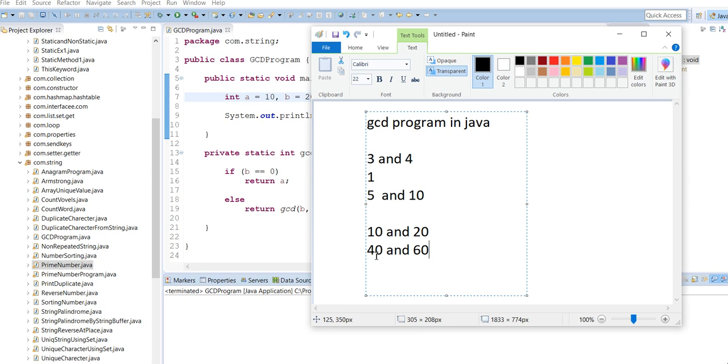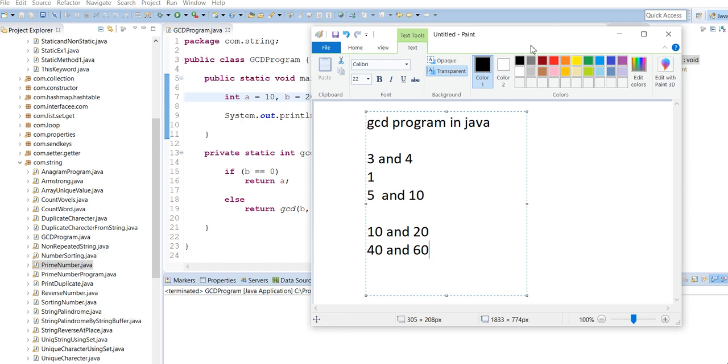Again you can check 8, 10. 10 divides 40 and 10 divides 60. 15 does not divide both, 16 does not. Then 20: 20 divides 40 and 20 divides 60. So for 40 and 60, 20 is the greatest common divisor.